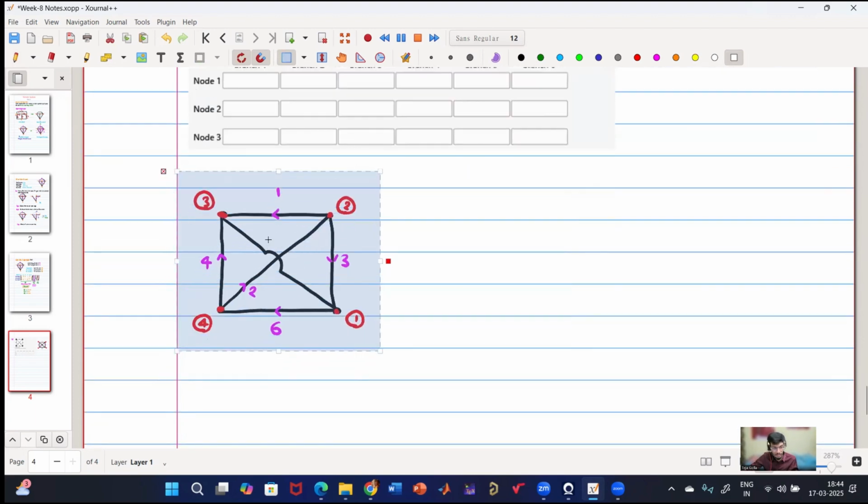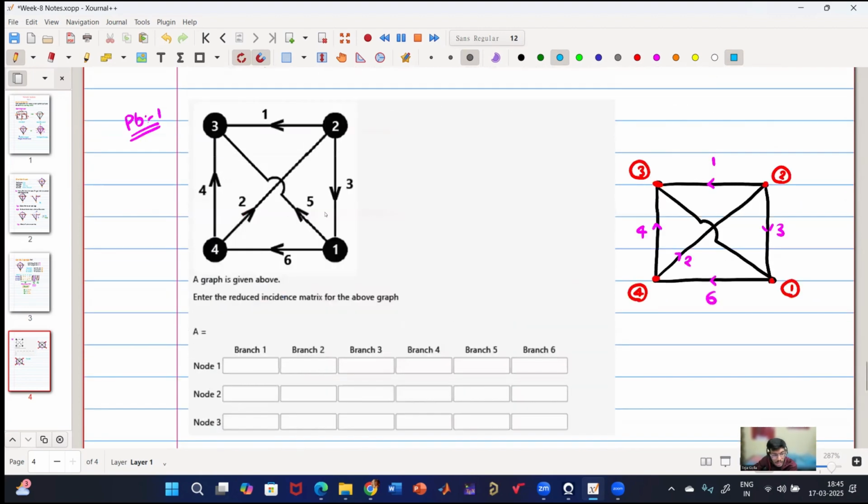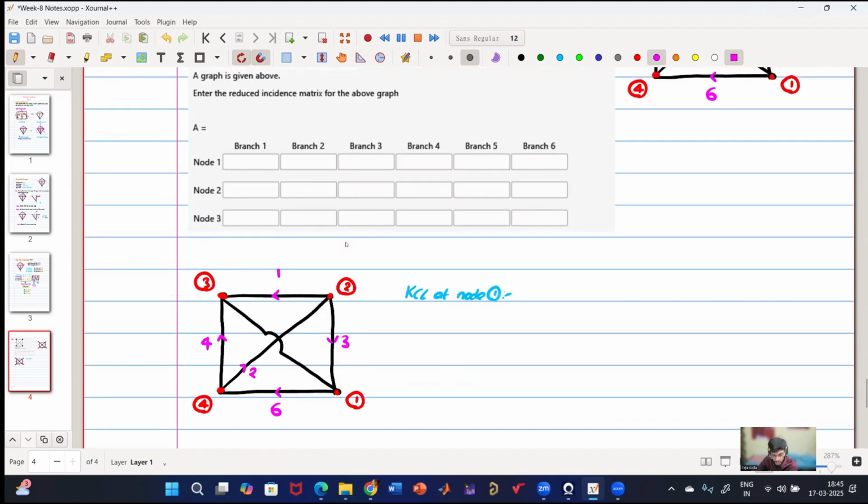Okay, so let us copy this and paste it here. We have to apply KCL at node 1, node 2, node 3. Can anyone tell me what will be the equation of KCL at node 1? But I have forgotten to add one more thing, which is IE5. I3 minus I5 minus I6 is 0.